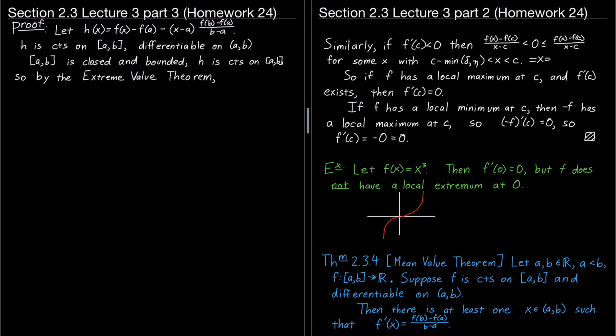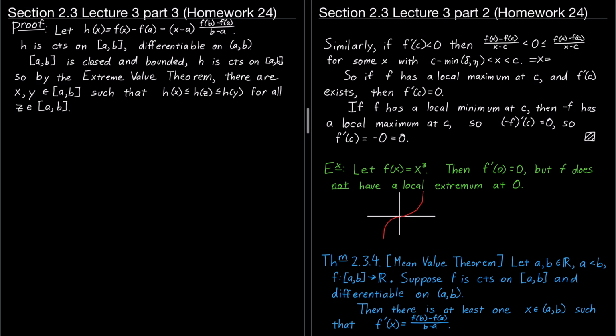So there are points x, y in our interval such that h of x is the minimum and h of y is the maximum. So h of z is between h of x and h of y, and that's true for all points z in our closed bounded interval a, b.